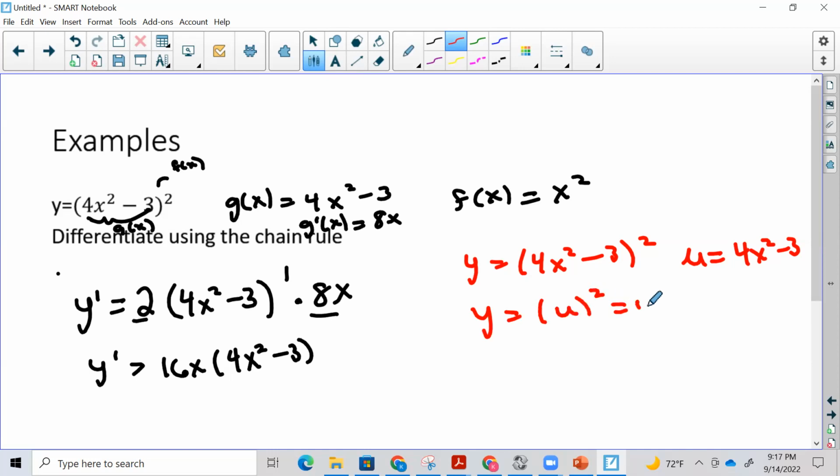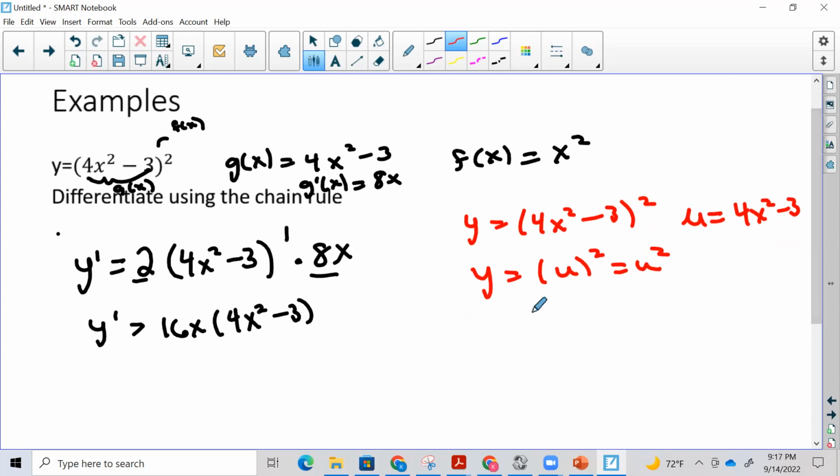So it's really just u squared. Then you can take the derivative of this. You would take the derivative of u squared, which is 2u. And because we're doing it with respect to x, we multiply by du dx. This represents that inside derivative.